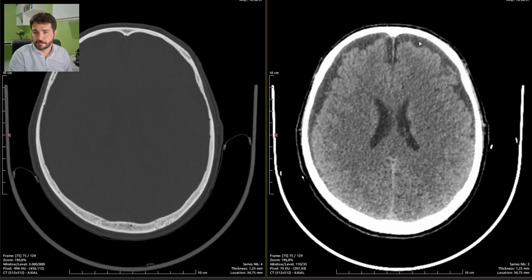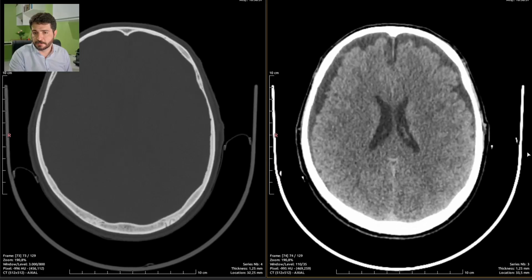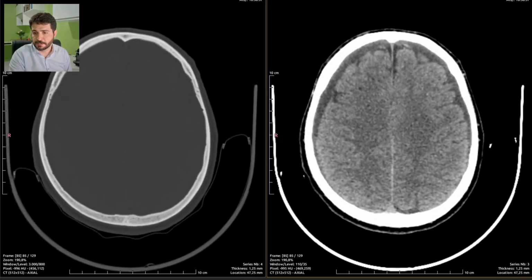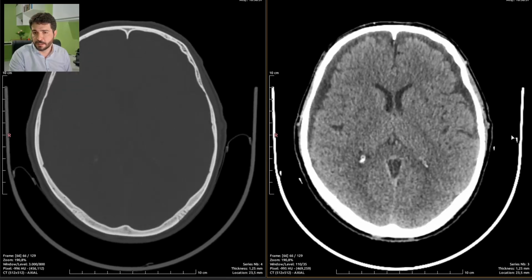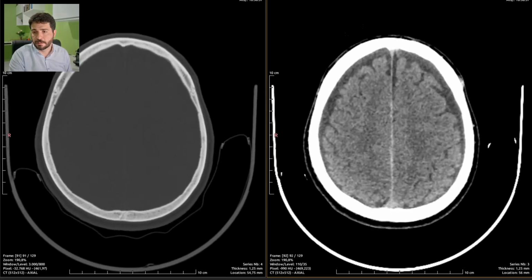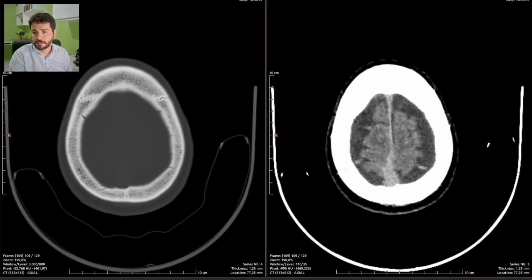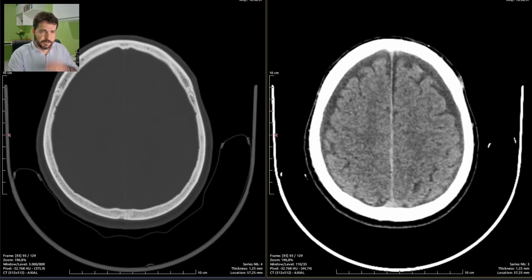So there is bilateral and symmetric fluid collections on the subdural spaces of both cerebral hemispheres. I have to measure how thick they are. This is 0.9 and this is maybe a bit less on the left.